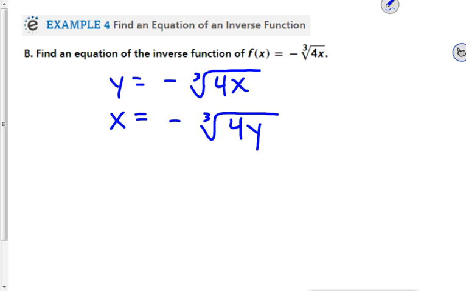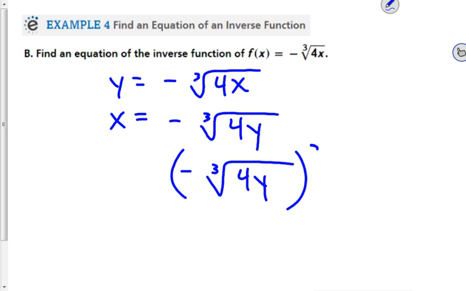Step 3, right? Well, to undo the cube root right here, we know we have to cube both sides. So that's what we're going to do. Put this whole thing, let me just rewrite it. The whole thing will be in parentheses and will be cubed. And if we cube that side, then we have to cube this side also. Now we know that the cube root will be undone by the cube. But let's pay attention to that negative sign also, right? This whole thing is negative.